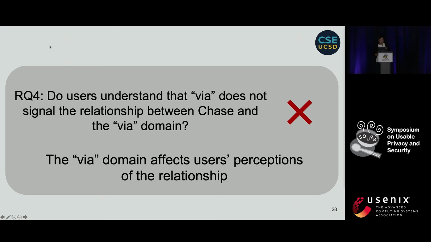So our conclusion is that, unfortunately, while most users did understand that there's a third party involved, they did not understand that VIA does not signal the relationship, and they did not grasp the risk there as well. Similarly, the VIA domain also affects users' perception of the relationship between Chase and the third party.